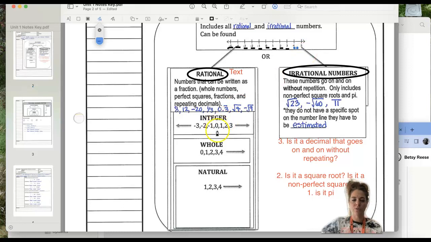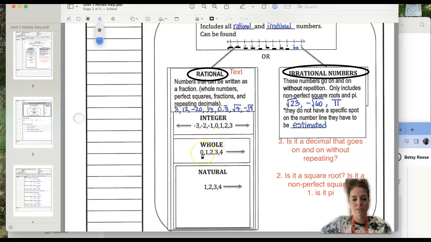So integers, you can think of 0 being the middle, 1, 2, 3, 4, 5, 6, 7, 8, 9, 10, all the way that way, and their opposites, -1, -2, -3, -4, those are all integers. Okay, so right here, here's your list of integers. Now, if I am given a number and I know it's rational, I know it's an integer, now I'm going to check if it's a whole number.